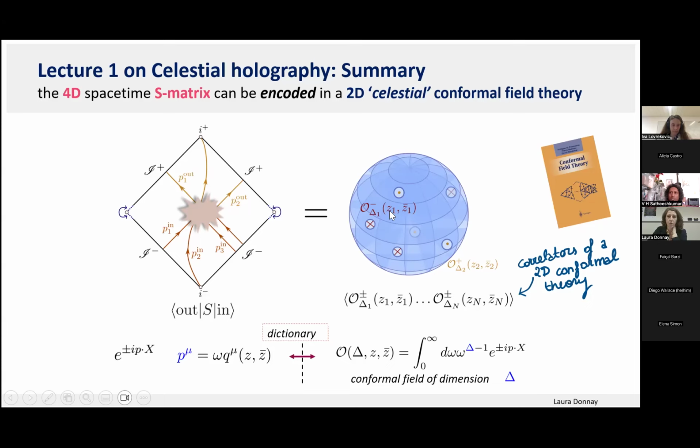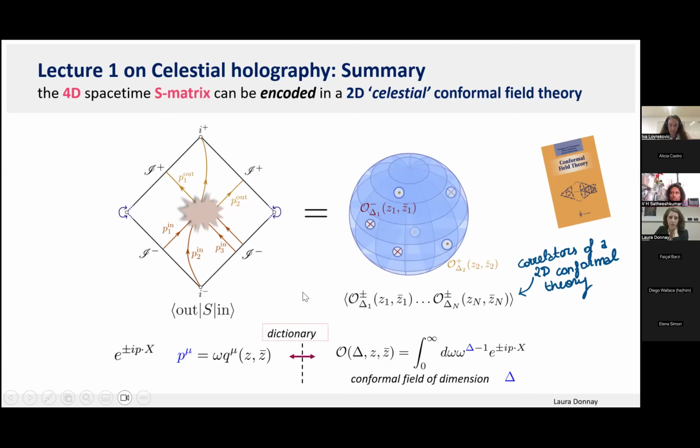So again, the insertion of this operator is determined by the labels Z and Z bar towards which the massless particle is heading. And the conformal dimension is the imprint of the energy of the particle. So this is the dictionary, again, only for massless particles, which have p squared equals 0.